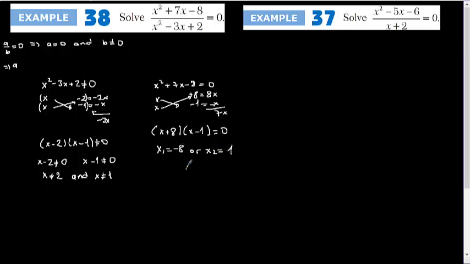If x1 is equal to minus 8, there is no problem, we can take this one, but for x is equal to 1, we have a problem because the denominator is also 0. That's why we should cross this case, and this is not the solution of the equation.